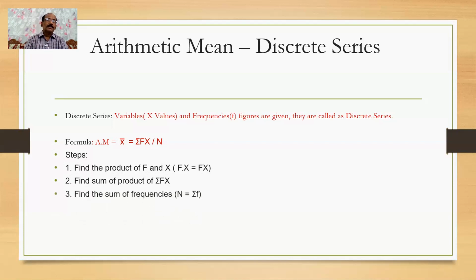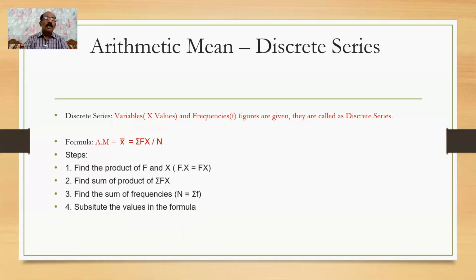Third step, find the sum of the frequencies. Here in the problem, the frequencies are given. You have to add all the frequencies. Then we get sigma f. Sigma f is denoted as capital N. That means N is equal to sigma f. In the fourth step, just substitute the values in the formula.